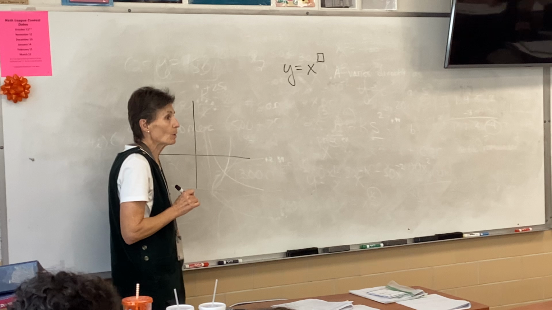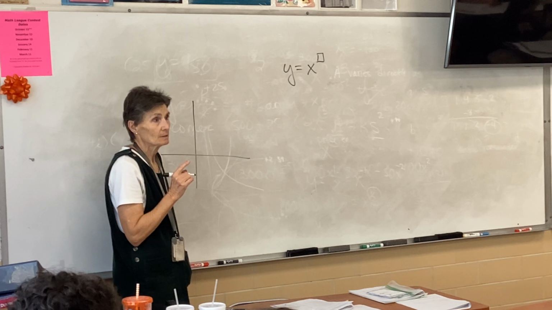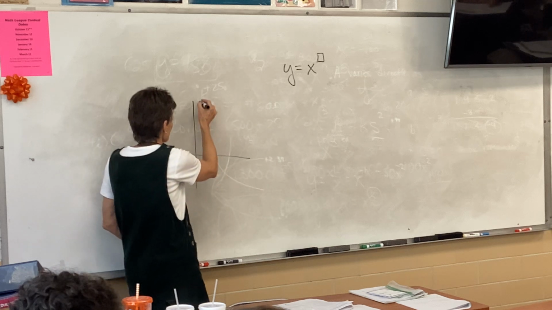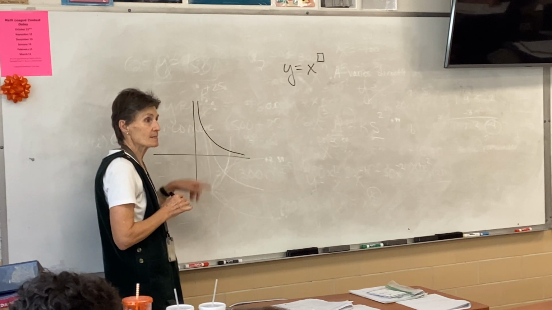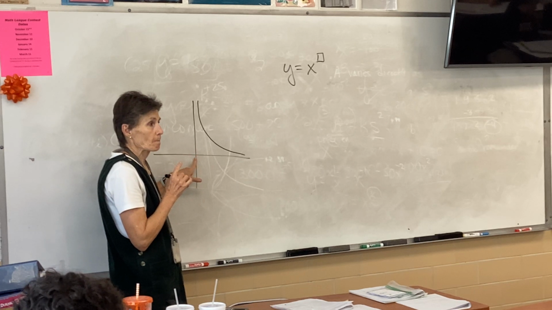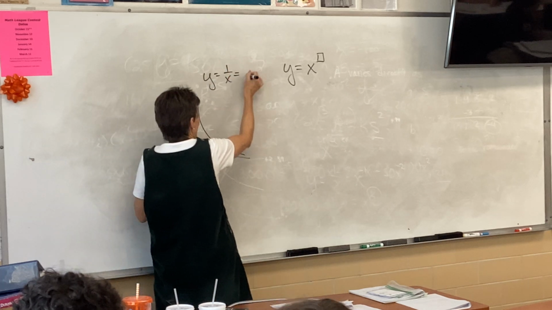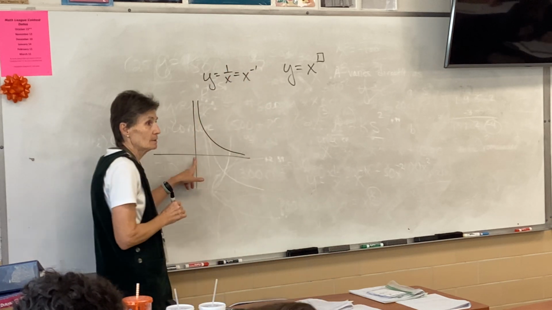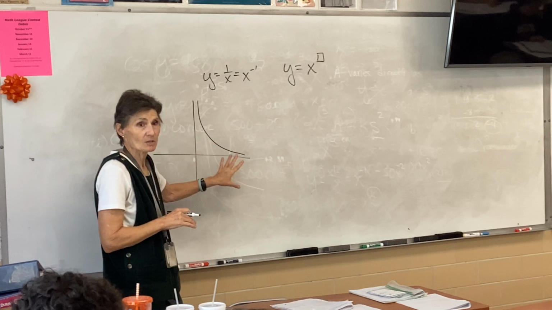If that power is negative, then it's going to behave like this. Because that is, which of your BFFs? 1 over x, which is x to the negative first. So x to any negative power is going to behave like this, okay?